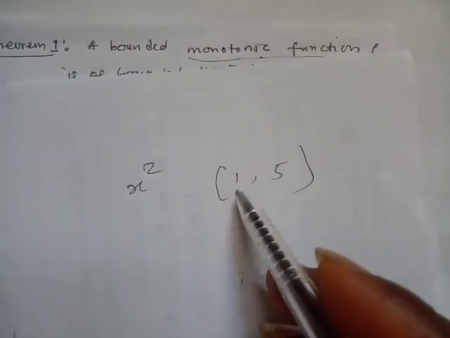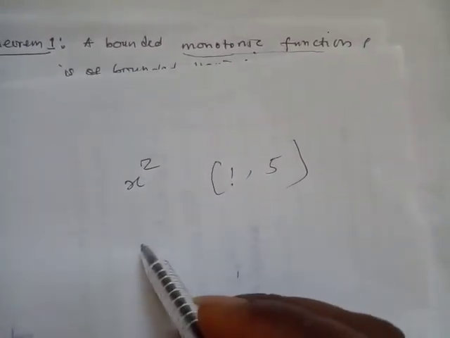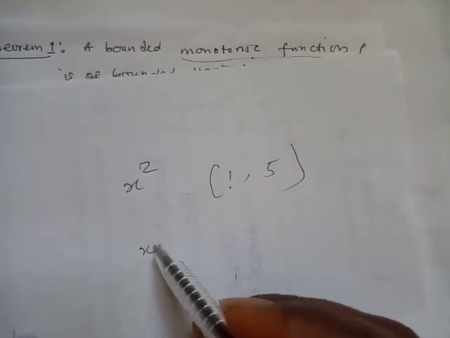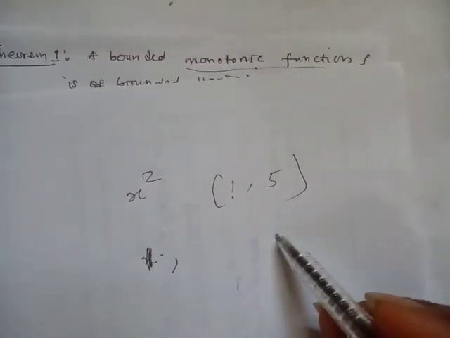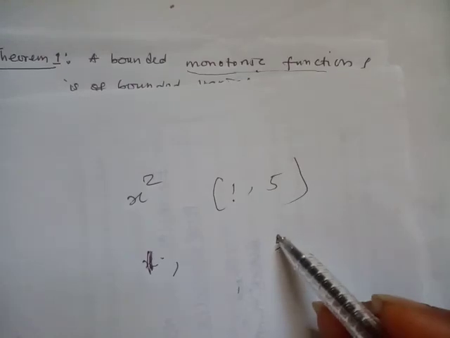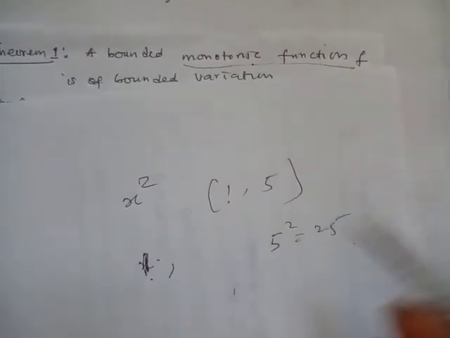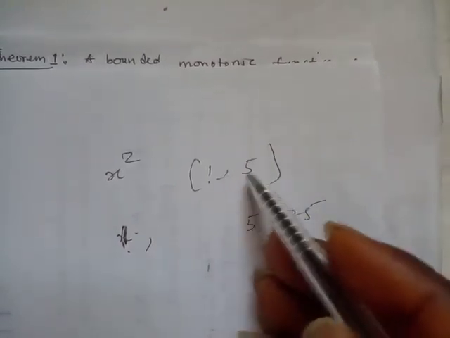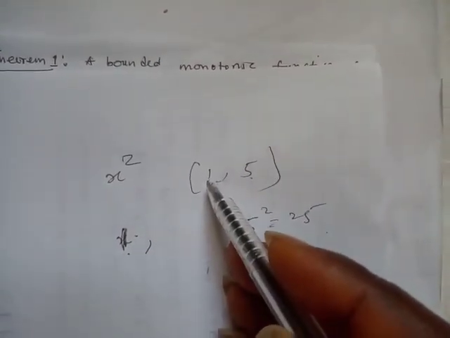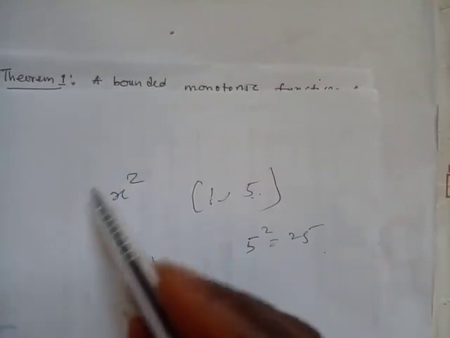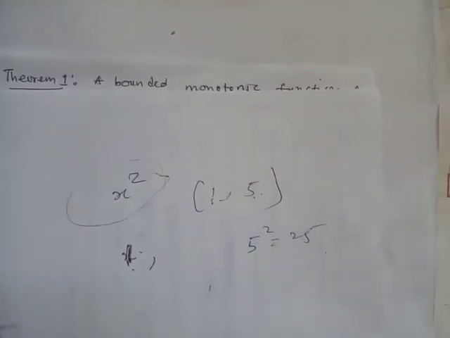If x is 1, this is 1. If x is 5, this is 5 squared, which is 25. You see that this one is less than this. So we see that it is increasing for all these values that move from 1 to 5. If you put them here, the value will be increasing.